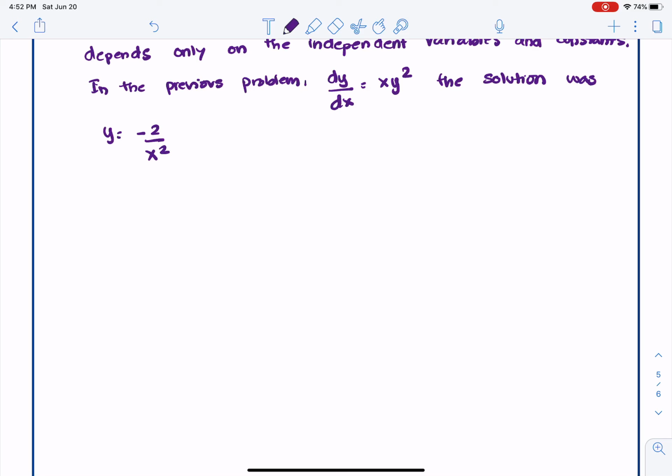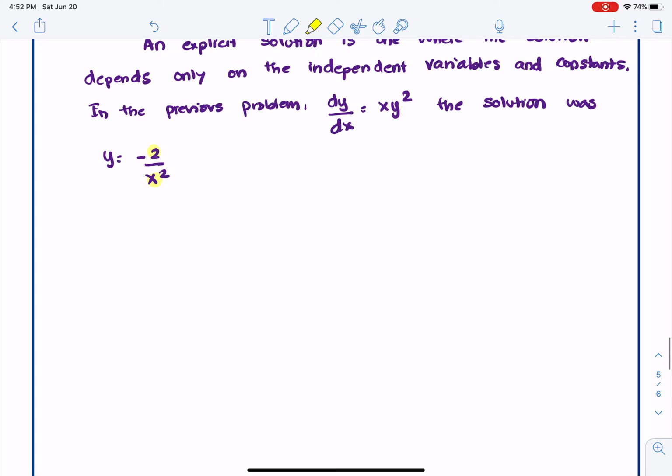As you can see, that solution y depends only on a constant, which is 2, and the independent variable x. So that solution is explicit. So the solution to the differential equation is dependent only on constants and the independent variables.